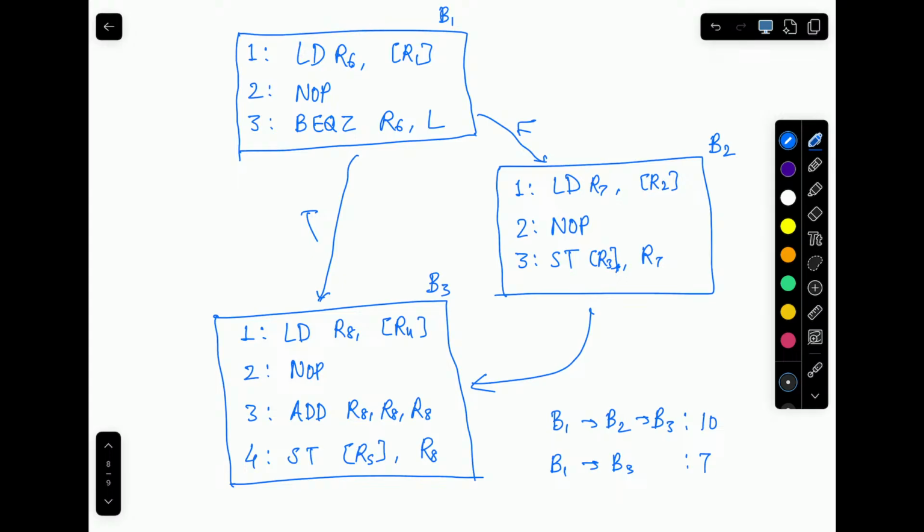So there is another block whose execution will remain pending if I have not figured out this branch. So maybe I should prioritize B1 first between B1 and B3, just because executing some instructions of B1 will allow me to decide whether B2 needs to be scheduled or not.